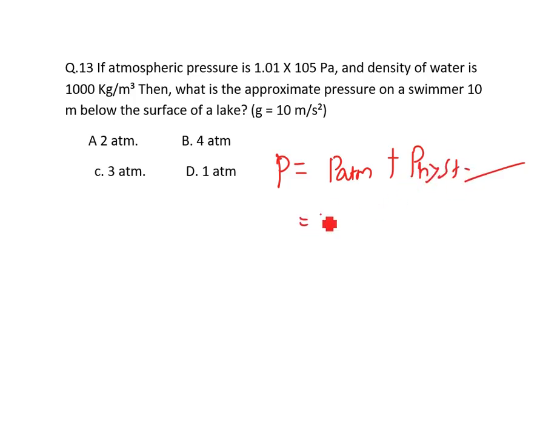Atmospheric pressure is given as 1.01 into 10 to the power 5. For hydrostatic pressure we have to apply the formula rho g h.